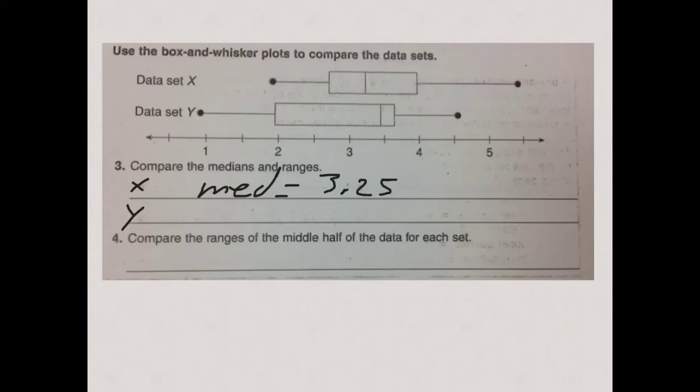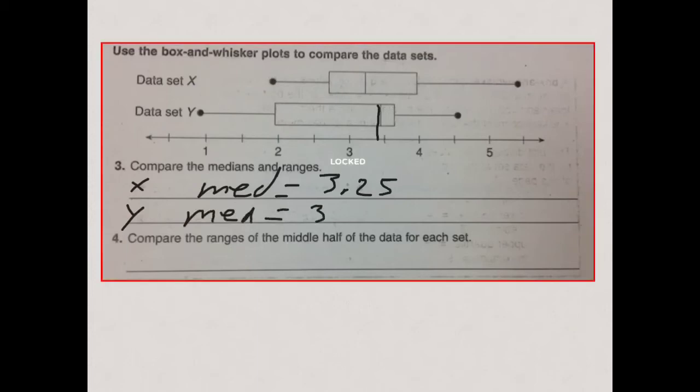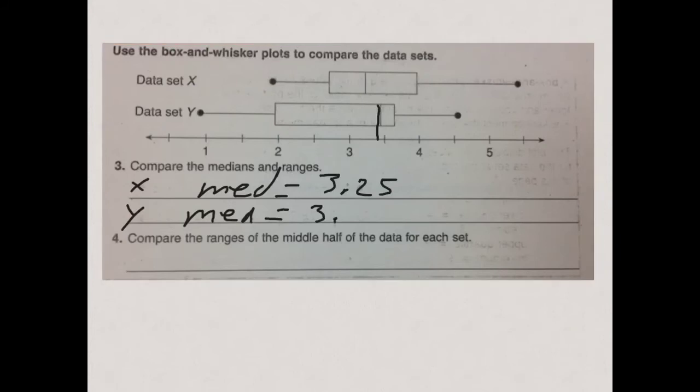Even though it's not right in the middle, this is also the median, and it's closer to 3.5, so I could say 3.4. Now what's my range? This is very close to 5.5, so I would say 5.4 minus basically 2.